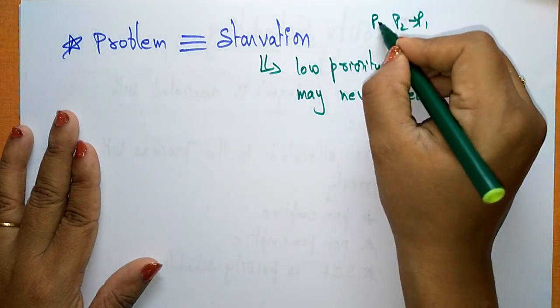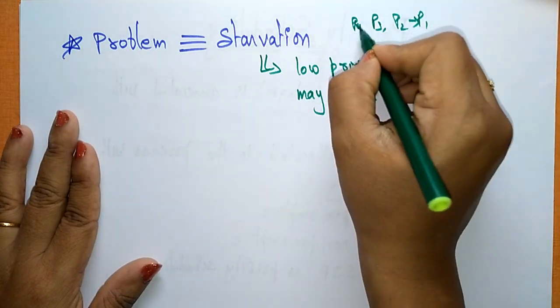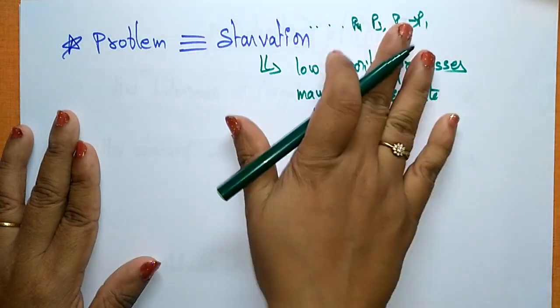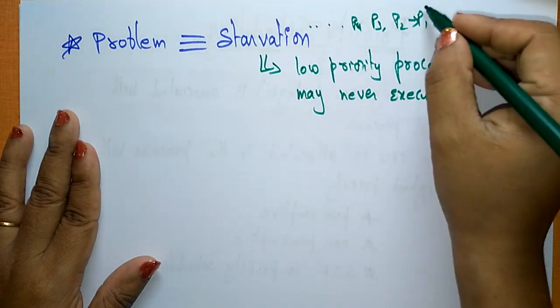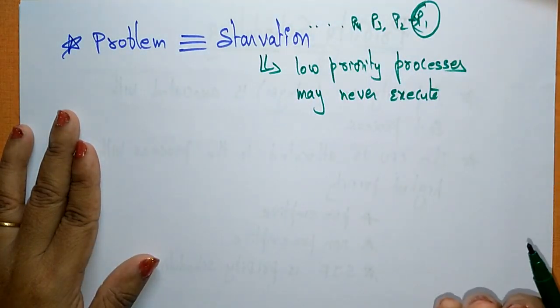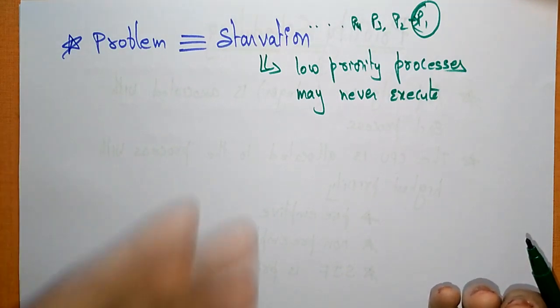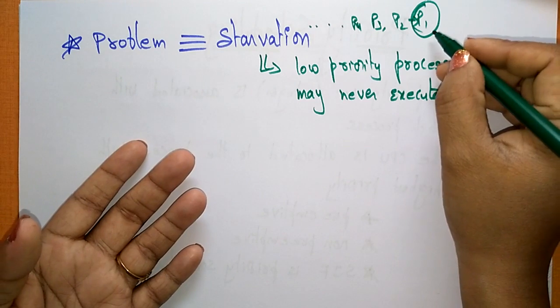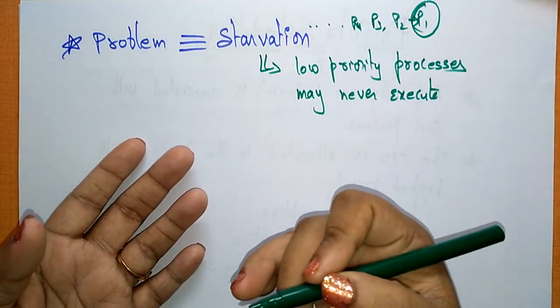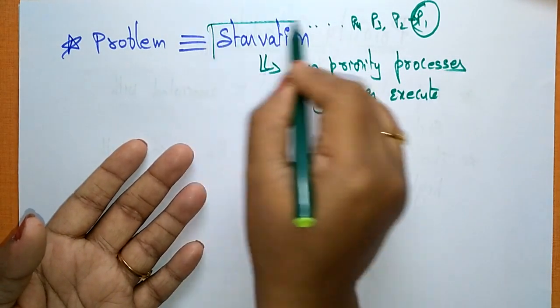Next, P3 comes, which has higher priority than P1. Next, P4 comes. Like that, the priority processes keep coming. So P1 has to wait until all the other processes are executed by the CPU. There is a chance that P1 may never execute.